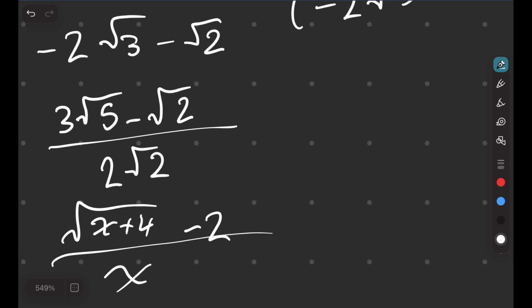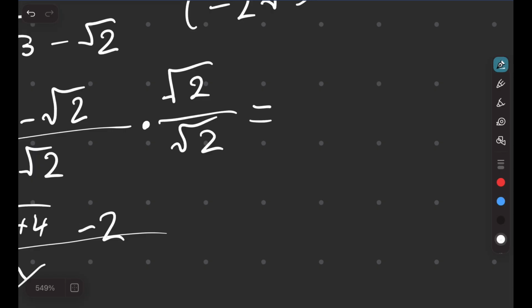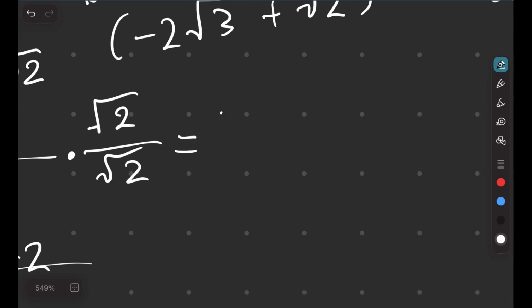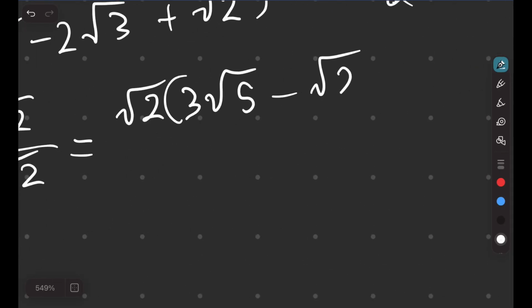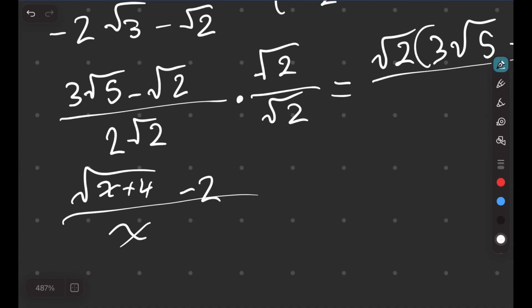So we're just going to multiply it by root 2 over root 2, and then this becomes root 2 times 3 root 5 minus root 2. All right, we're going to FOIL that in a moment.